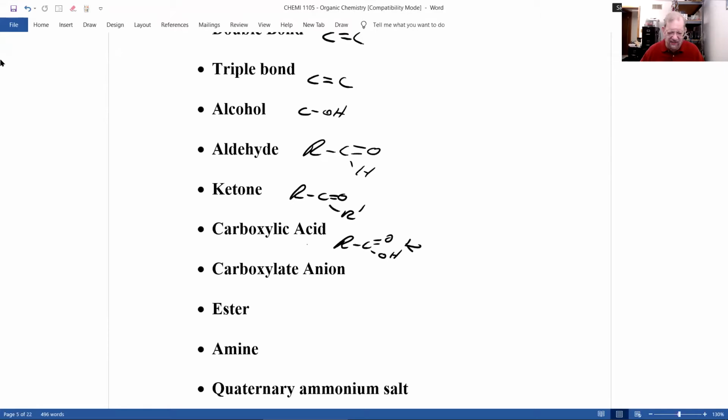I worked for a company that made carboxylic acids. And carboxylate anions, this is one type, where M can be equal to sodium, potassium, or lithium, is used for many things.